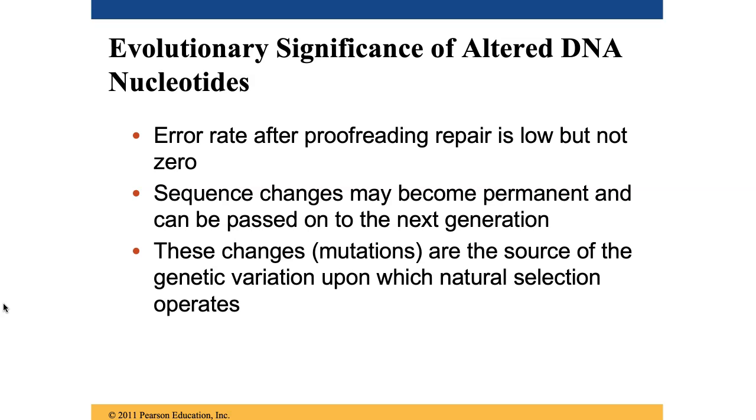And that advantage will lead to that individual having a higher fitness, and that means having more offspring. And if they have more offspring, then they're going to pass on that new mutation. And that is evolution. That is the mechanism of evolution.